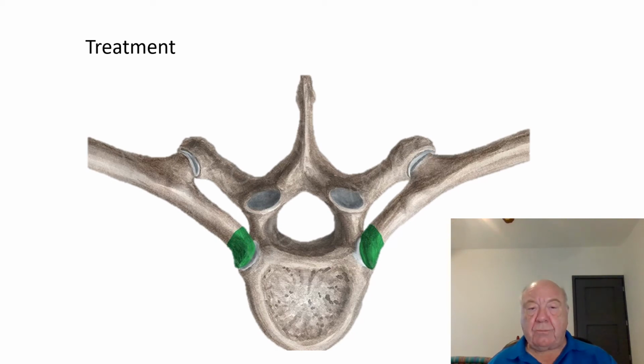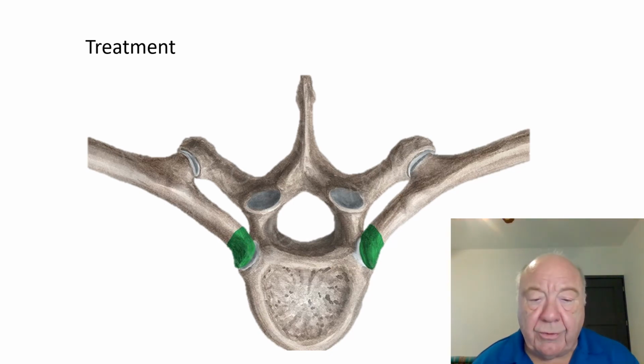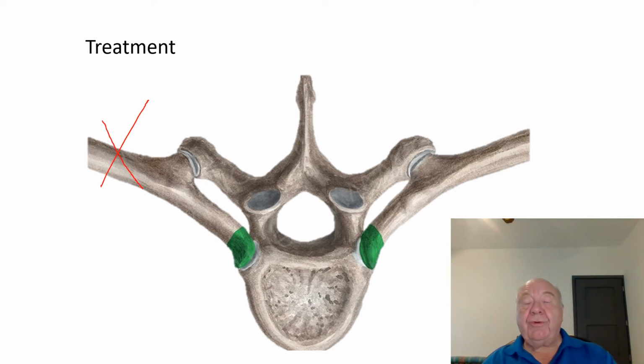techniques. So we're going to have the patient lay in supine, and essentially what we're going to do is fix the rib, here, as close to the joint as we can get, and we're going to thrust the vertebra backwards.